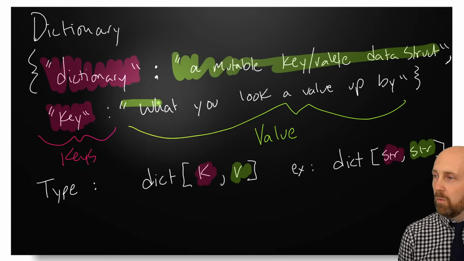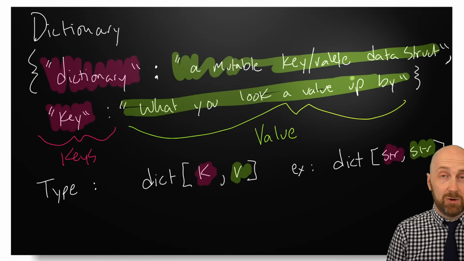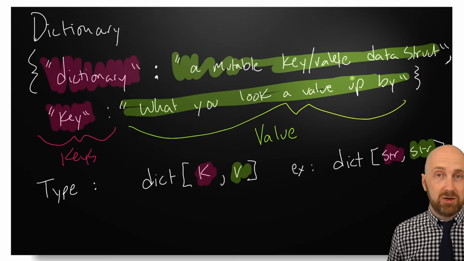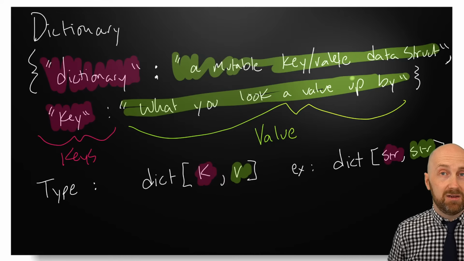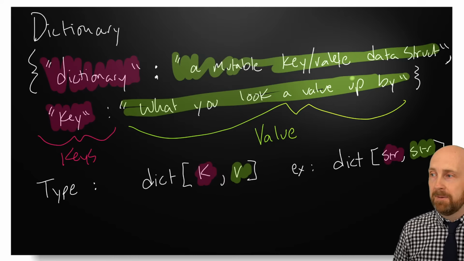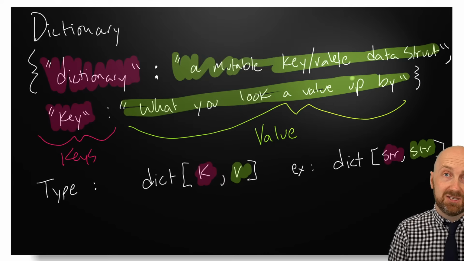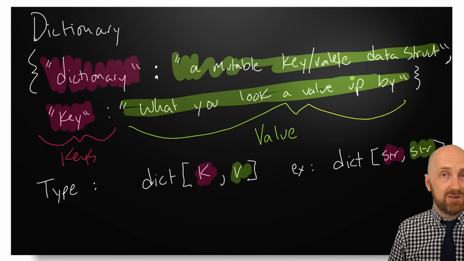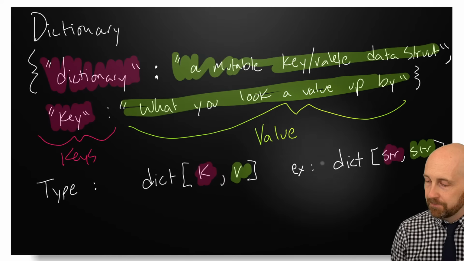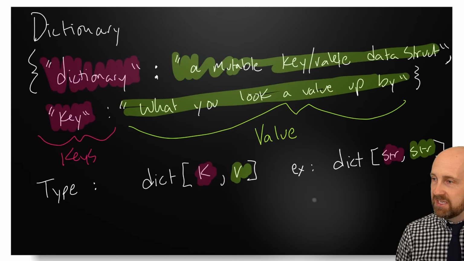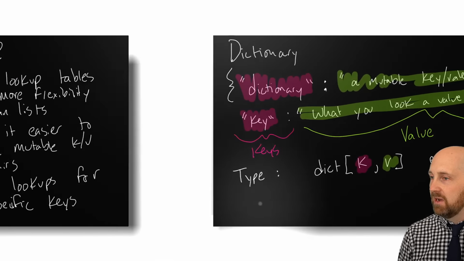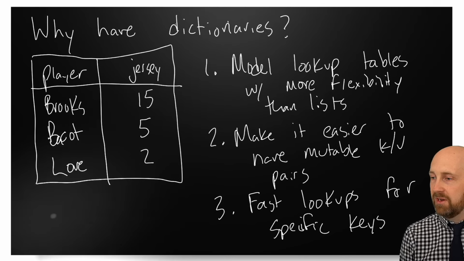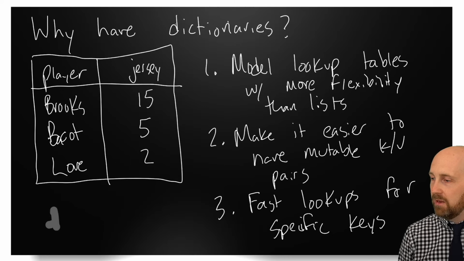In this example, we've got a string to a string, which is how you'd think about a dictionary in the real world. We're associating a word with its definition. But if you can imagine, player name with their number of points, or what if we wanted to go in reverse, a player's jersey number with their name, we could use a dictionary that has keys of type str and values of type int, or vice versa. So you've got a lot of flexibility there. And in the previous example with the jersey numbers, we could have thought of that as a dictionary of string to int. Oops, let me go back to pen here.